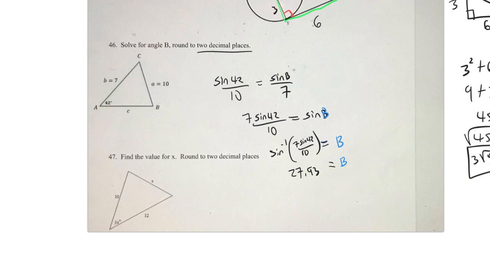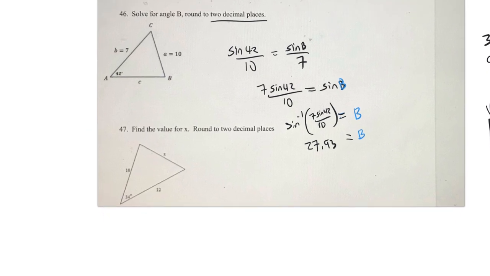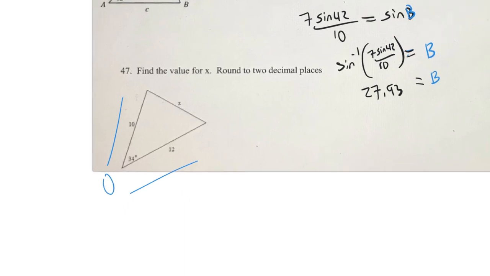All right, 47, find the value of x rounded to 2 decimal places. Okay, so whenever I see this sort of side angle side structure, that makes me think we got to use the law of cosines. So it would be the case that the angle is going to get cosine, and the side opposite is going to be the thing that's on the other side of the equal sign.